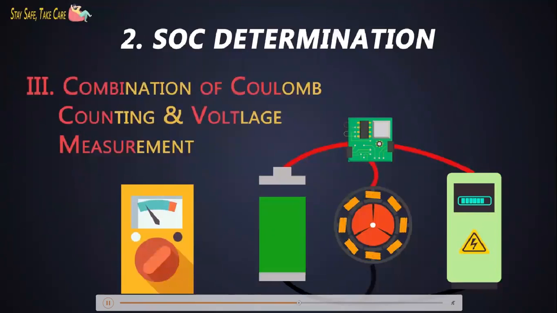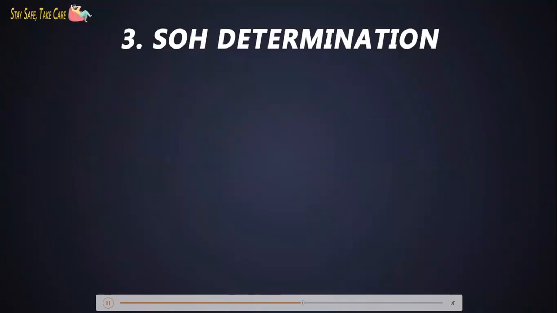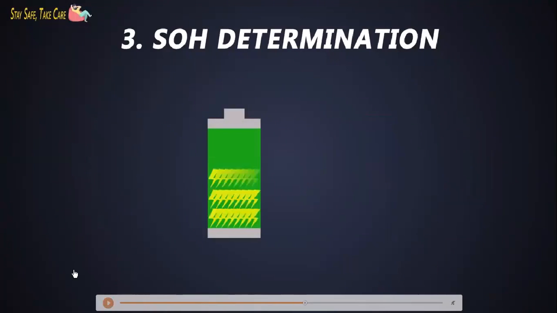The third one is the combination of Coulomb counting and voltage measurement. In this, we approach both the methods.